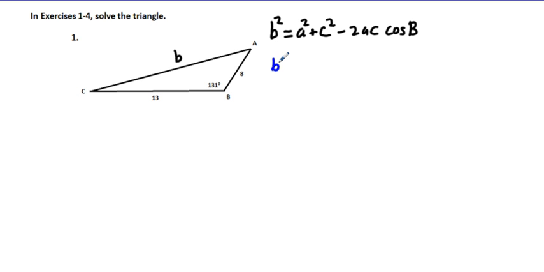This is remarkably like the Pythagorean theorem. b squared equals 13 squared plus 8 squared minus 2 times 13 times 8 times cosine. We have our angle, 131 degrees.